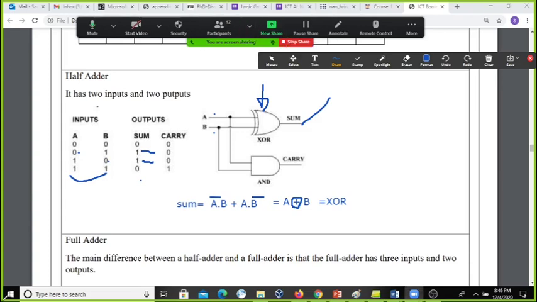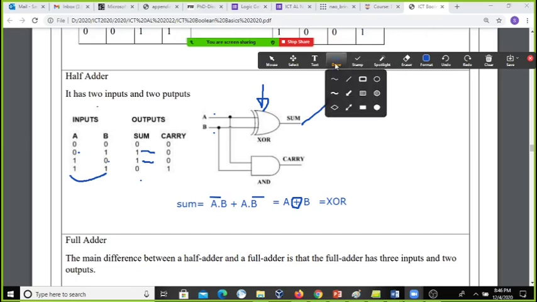Then similarly, we want to calculate the expression for this one. That can also be done in a similar way. Here there is only one here.